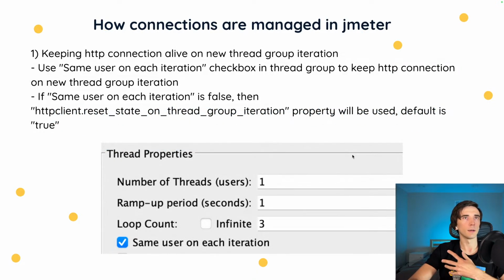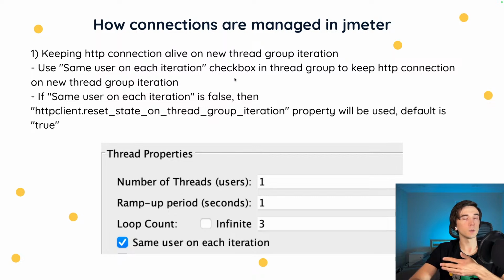So how are the connections actually managed in JMeter? First of all, you can control how they are managed. In the thread group properties, you have the same user on each iteration checkbox. By default, it is selected, and in most tests I have seen in my life, it was also selected. So you are telling JMeter to keep the connection between iterations, and that's fine.